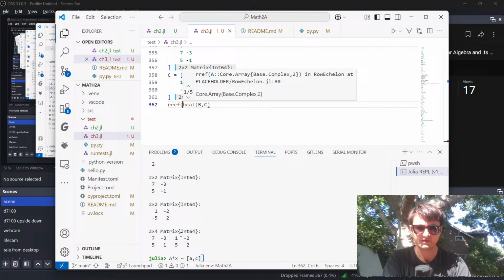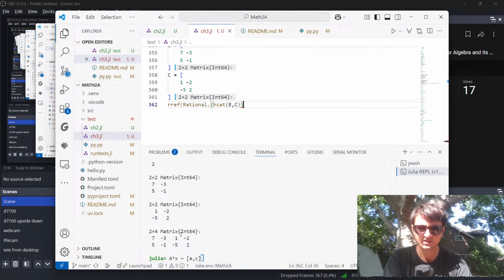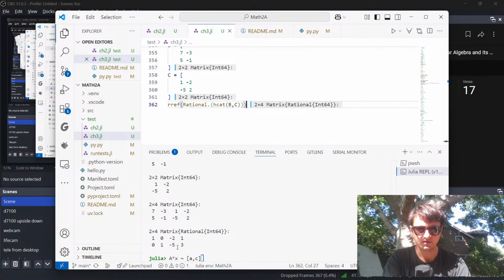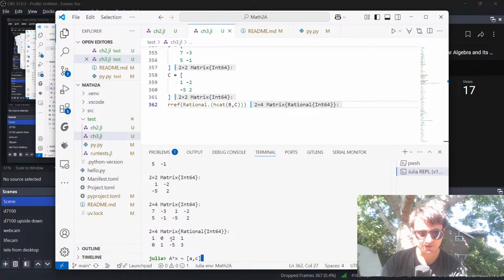And then we ref this. I like to convert them to rationals just in case there's some goofiness there. Okay, perfect. So then P from B to C would be equal to minus 2, 1, minus 5, 3.